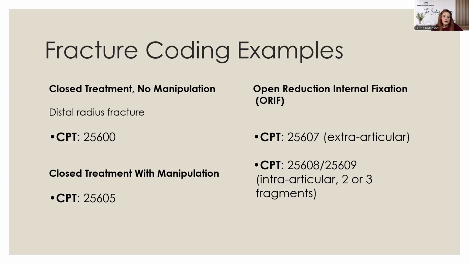Some fracture coding examples: closed treatment with no manipulation for a distal radius fracture, CPT code 25600. Closed treatment with manipulation would be CPT code 25605.